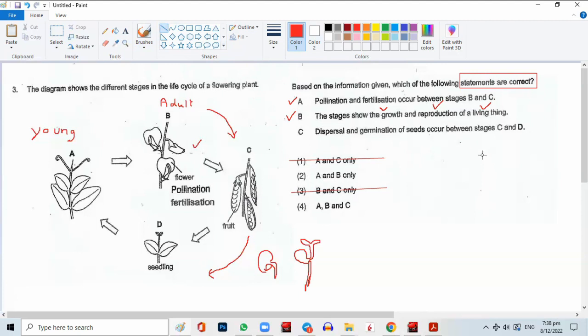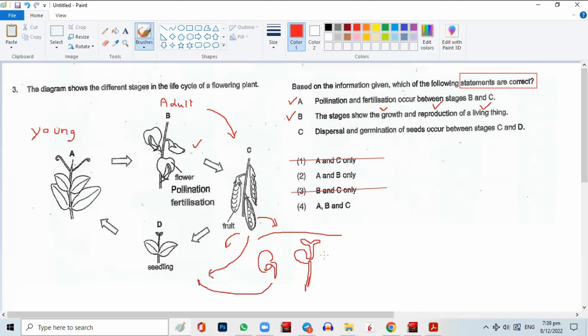Okay, let's study C, what it says. Dispersal and germination of seeds occur between C and D. Here, do the fruits have to disperse the seeds? Yes, disperse. Then all the seeds will drop onto the ground, right? Because there's a pod, they spit by explosion. So the seeds drop on the ground. Do they germinate into a seedling?